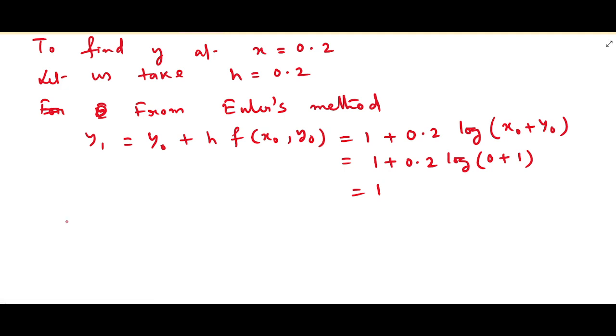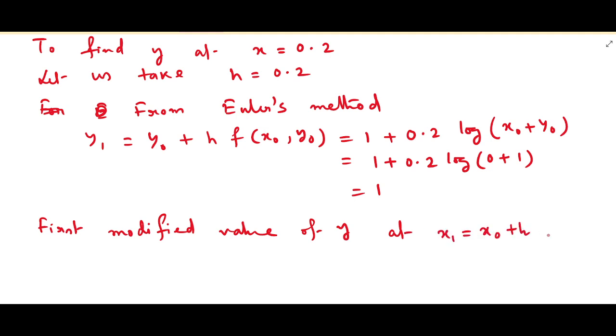The first modified value of y at x1 equals x naught plus h. So x naught is 0 and h is 0.2, so it's 0.2. How do we denote it? y1 to the power 1.